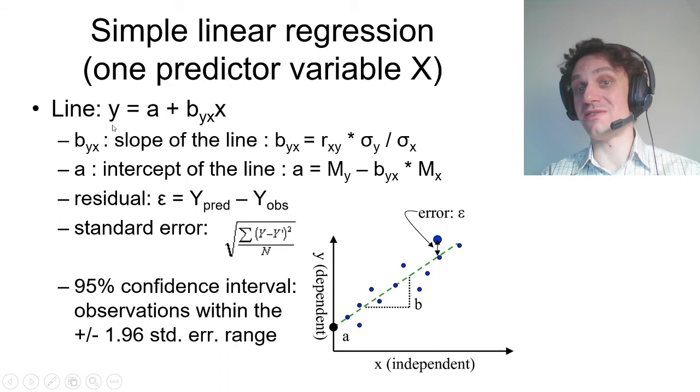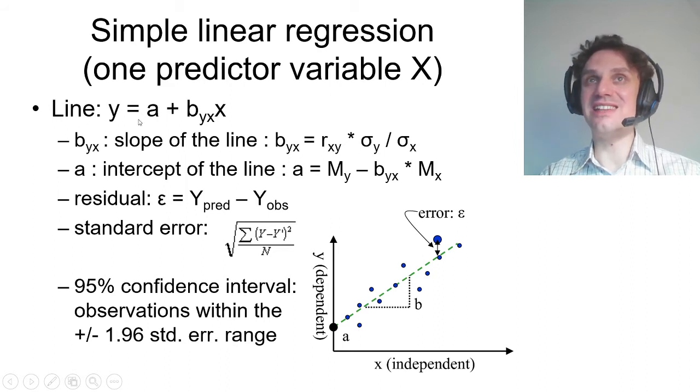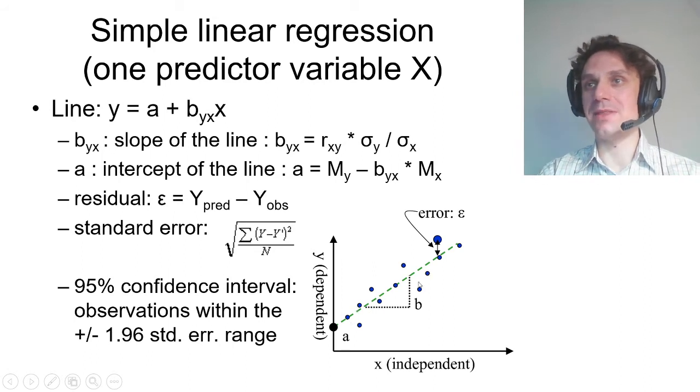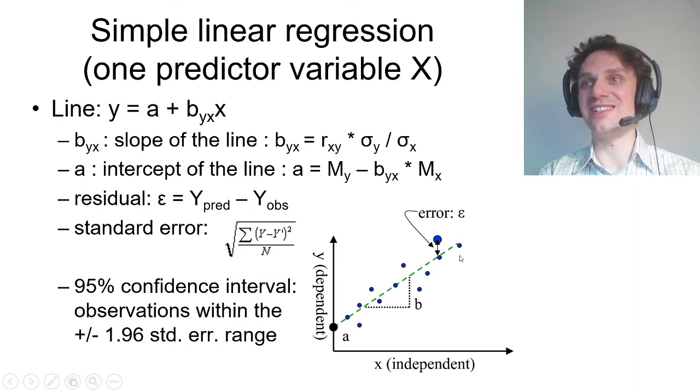And if you remember from secondary school, a linear function is always y equals a plus bx. And these two parameters are called slope and intercept. Slope is basically the angle at which this line goes in relation to the horizontal axis.